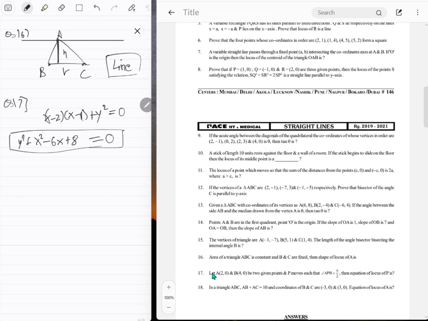Okay, next question. Question number 18. In triangle ABC, AB plus AC is 10 and the coordinates of B are given. It's just an ellipse with a equal to 5, ae equal to 3. That means b is 4.